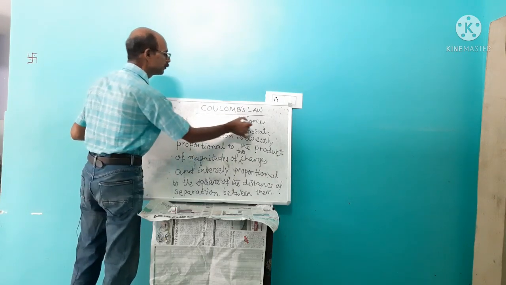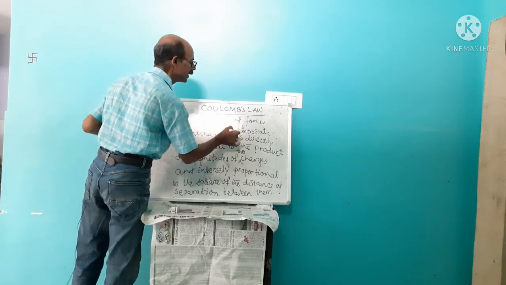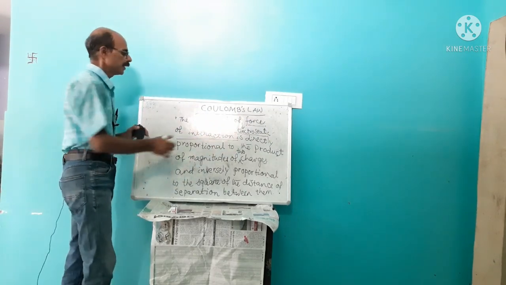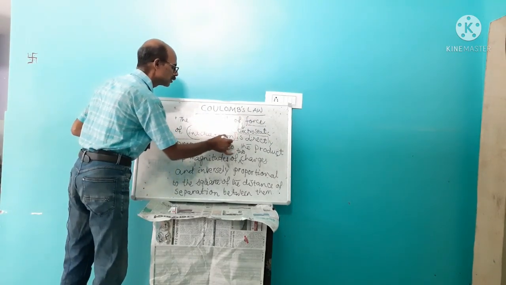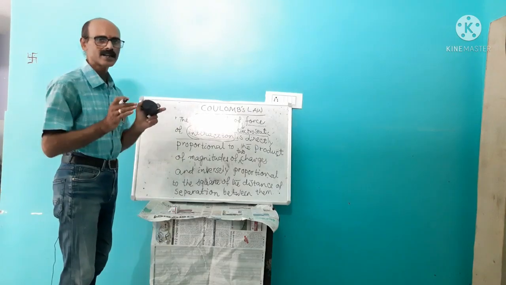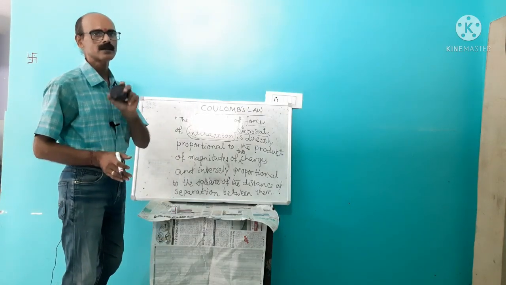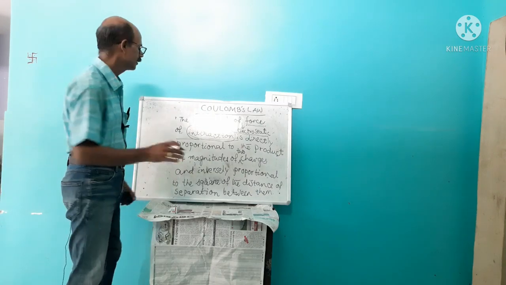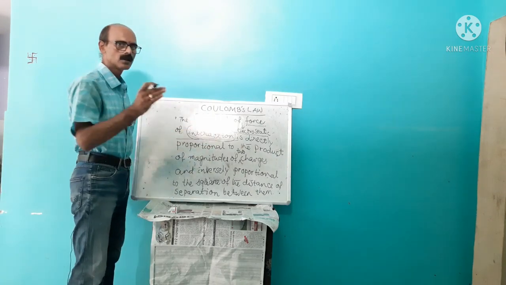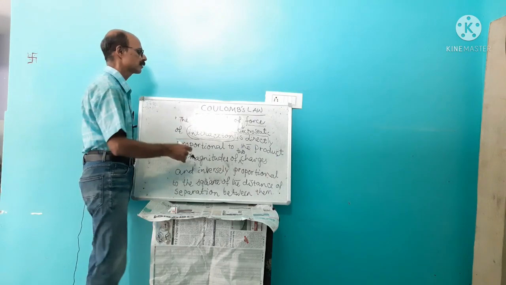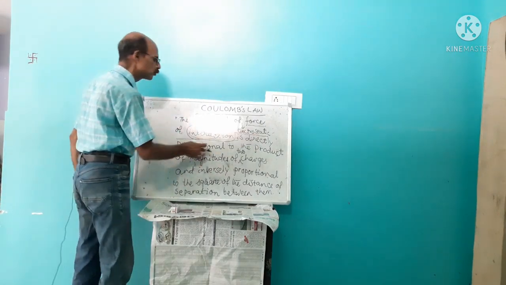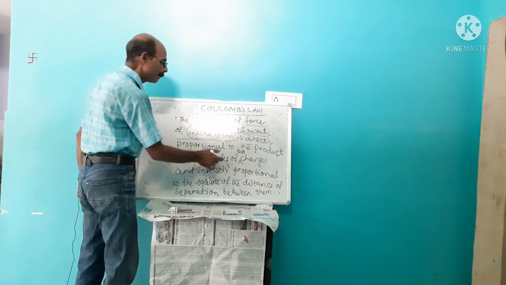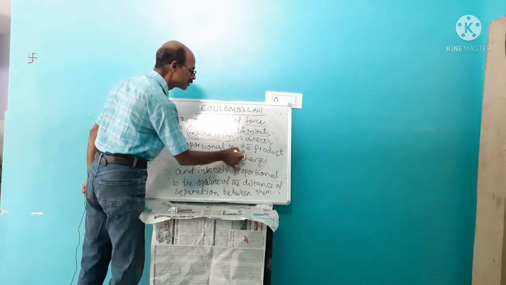The magnitude of electrostatic force of interaction. Here interaction includes repulsion as well as attraction. We know that like charges repel, unlike charges attract. So interaction means repulsion as well as attraction, and it is directly proportional to the product of magnitudes of two charges.